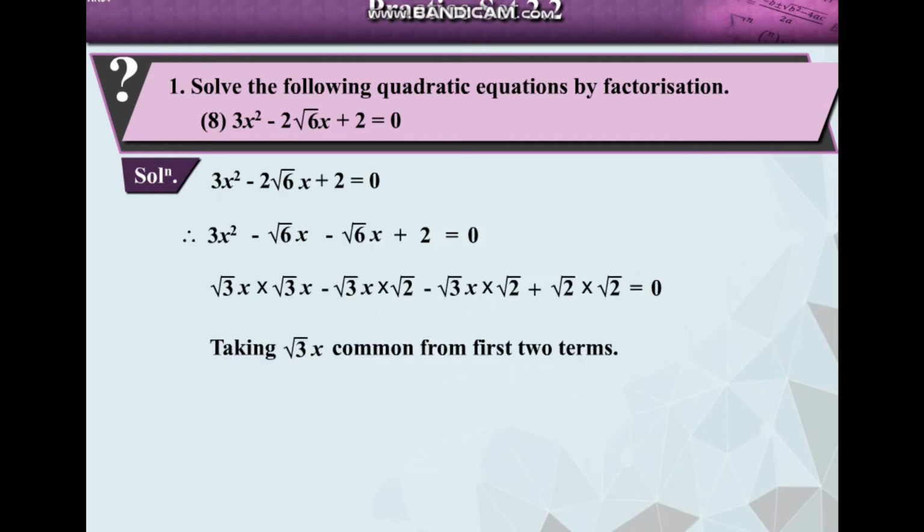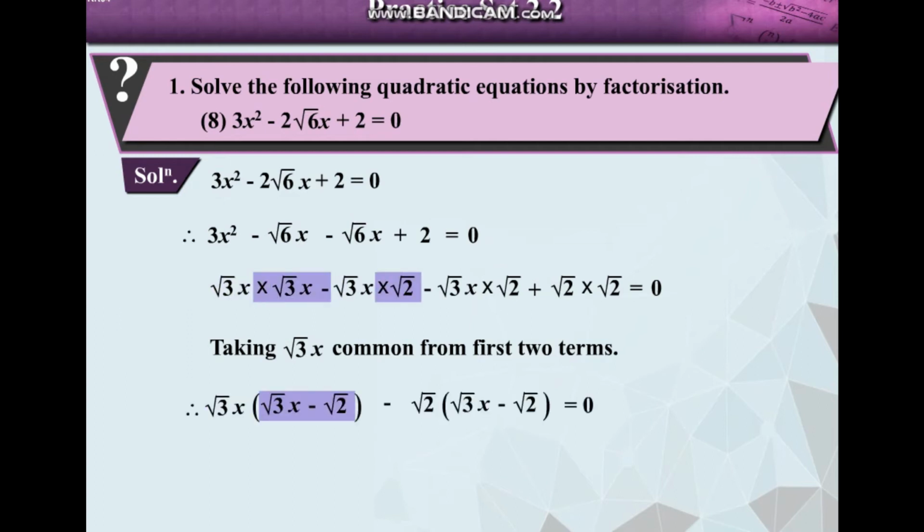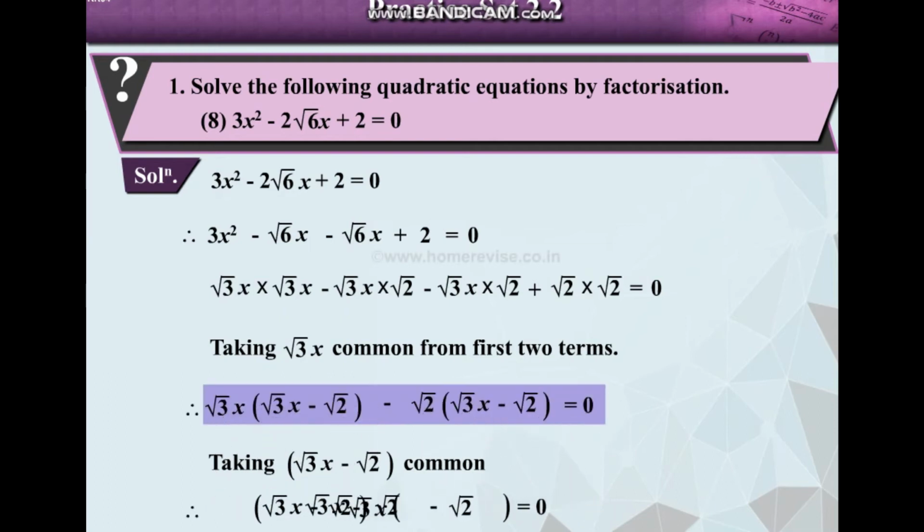Taking root 3x common from first two terms, root 3x multiplied by root 3x minus root 2 minus root 2 multiplied by root 3x minus root 2 is equal to 0. Taking root 3x minus root 2 common, root 3x minus root 2 multiplied by root 3x minus root 2 is equal to 0.